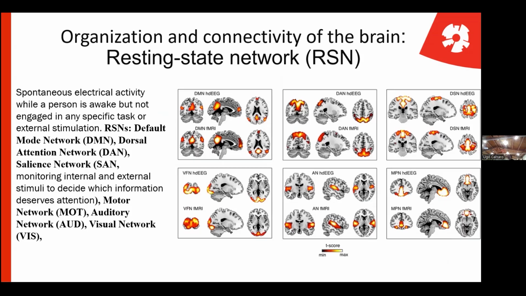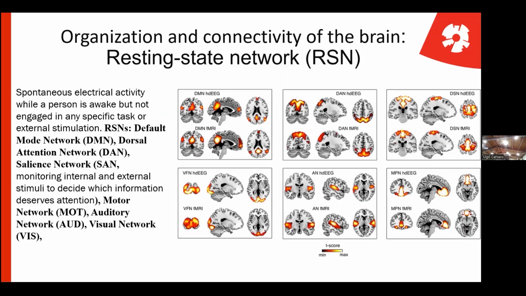First, we need to define what the resting state networks are. The resting state networks are basically functions of the brain that are localized in very precise areas of the brain. They appear both during functional MRI and during EEG. So they are the same areas that you can see while you are doing functional MRI and while you are doing resting state EEG, meaning the person has open eyes but is not doing any specific task.